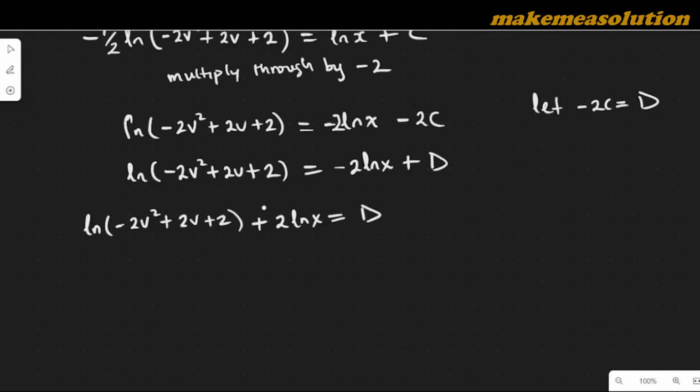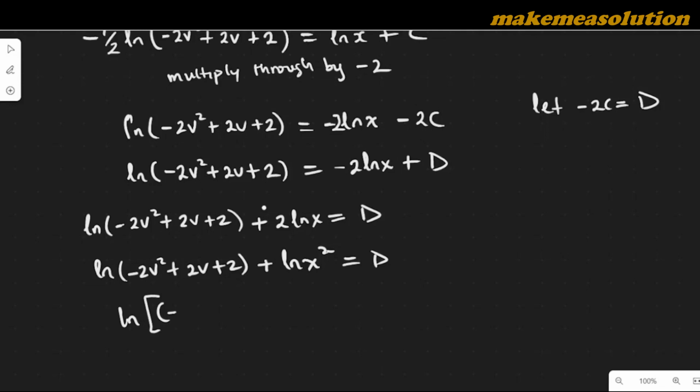At this point I have ln minus 2v squared plus 2v plus 2 plus ln x squared, law of logarithm, is equal to d. I'll now apply the product law of logarithm. Ln becomes minus 2v squared plus 2v plus 2 multiplied by x squared, and is equal to d.